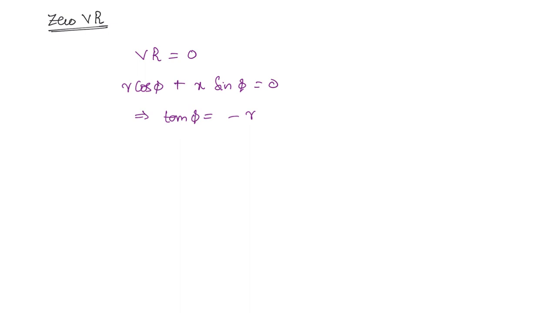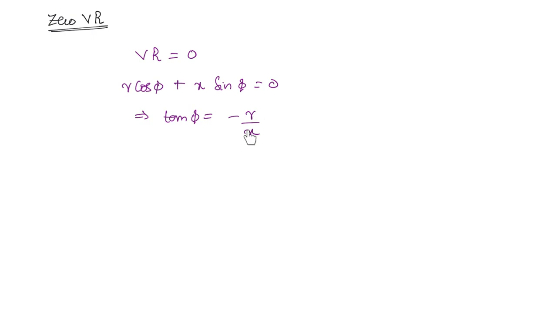Next, zero voltage regulation. So this is pretty straightforward. When will you have zero voltage regulation, right? So you can simply equate the voltage regulation to 0. R cos phi plus X sin phi is equal to 0. This means that tan phi, here you are going to get minus R by X. Okay. So you can see here that there is a negative sign here.